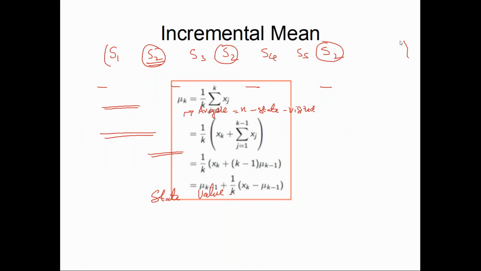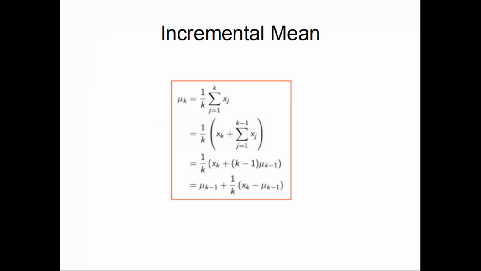Yeah, one. Now this is a formula talking about incremental mean. I'll try to make it slightly simpler, the understanding part of it. Now, this is the old mean. I will call it the old mean.